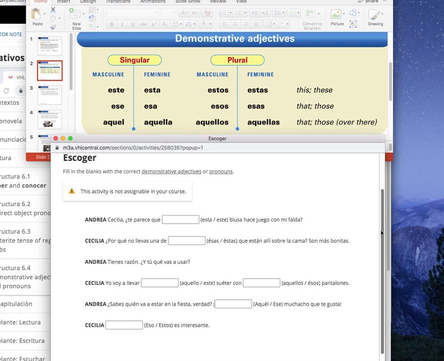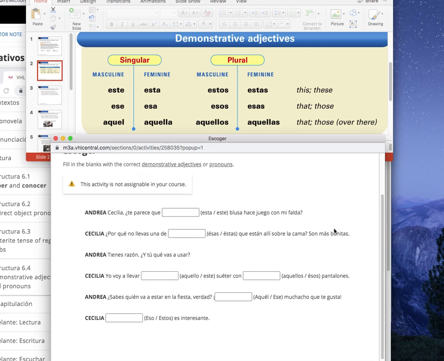So pause it for a second, think about it. Alright, and we're back. And the question is, ¿te parece que esta o este blusa hace juego con mi falda? And of course the answer would be esta, because blusa is singular and feminine. So it would be esta.